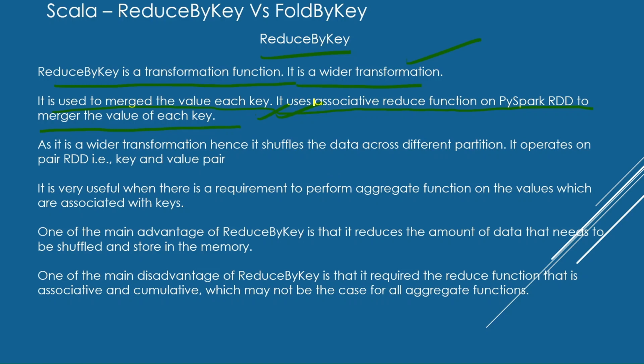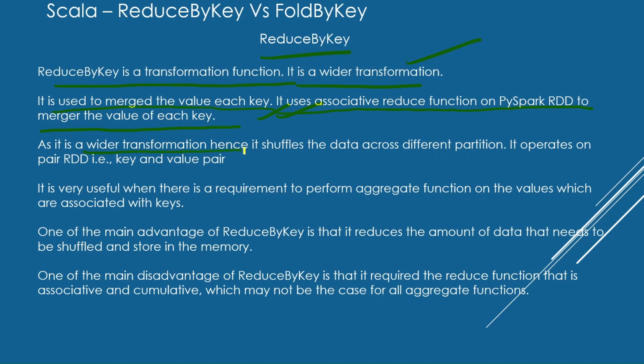What reduceByKey generally does is it takes action on a pair RDD, and the RDD data will be stored in the form of key and value. So whenever we apply reduceByKey on top of that RDD, it is going to merge the values of each key.